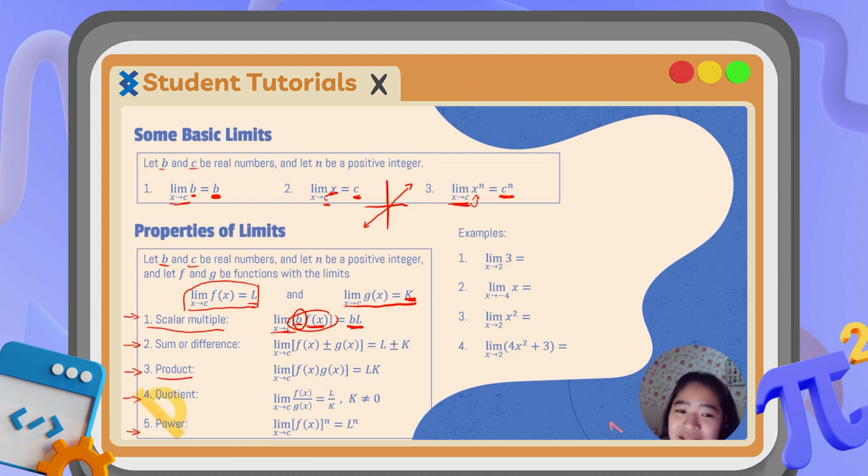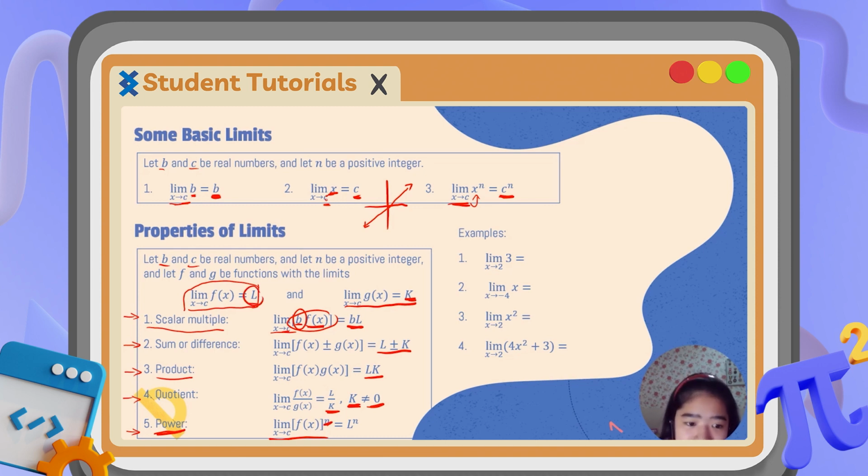You just multiply them this time, so LK. And with the quotient, you just divide them, provided of course that the limit of g of x as x approaches c, which is K, is not 0, because you can't have a denominator that's equal to 0. And lastly, the power property of limits. If you have this, it's just L raised to n.